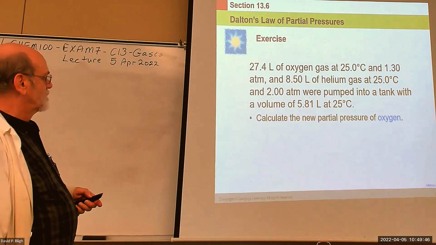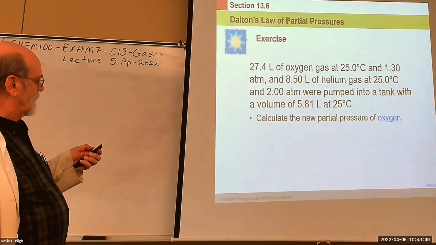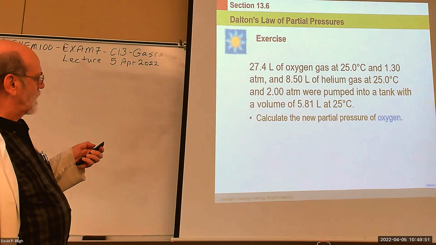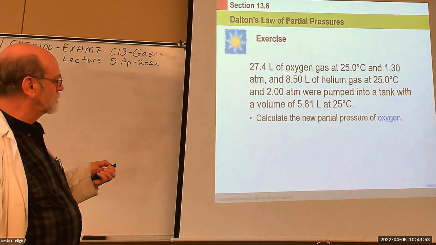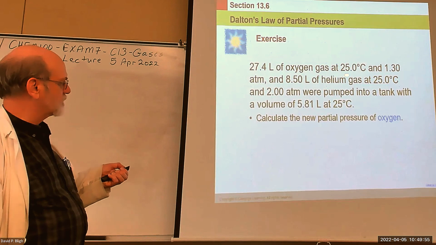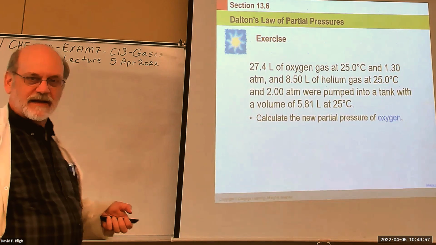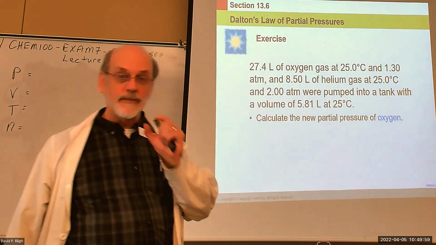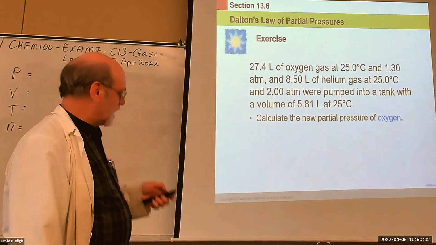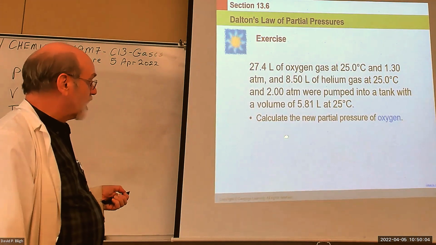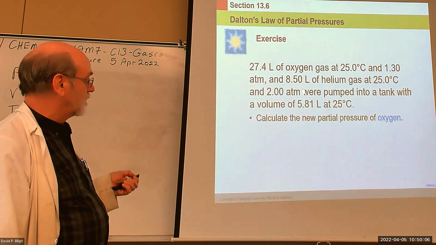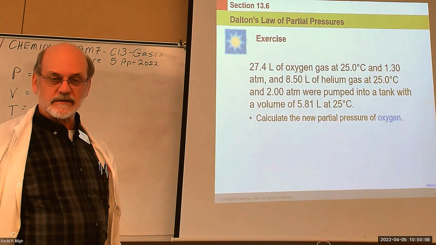Well, let's see. Oxygen gas is the first one, and then helium gas. If the question is, what's the partial pressure of oxygen? It doesn't matter what the helium is.